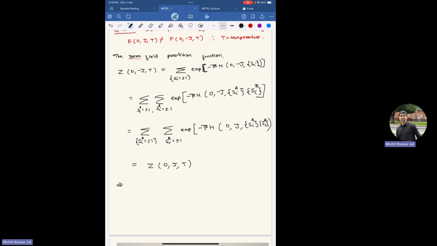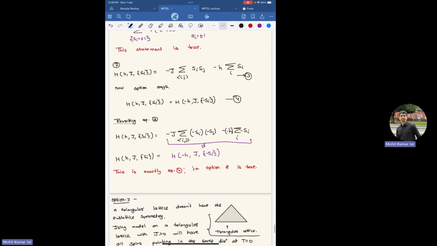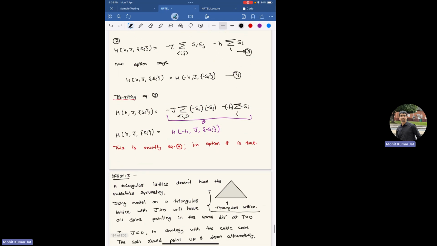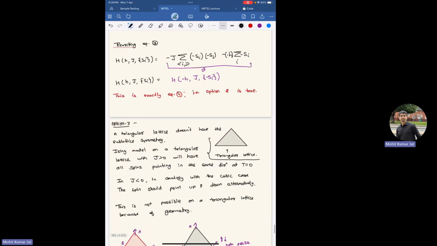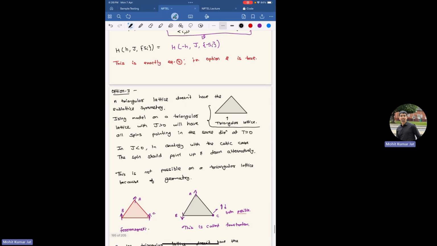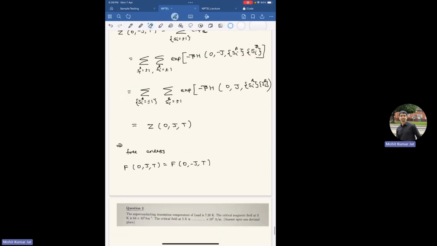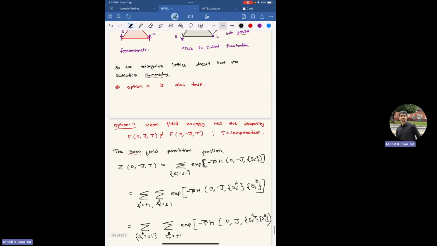So what does it say? That if the partition functions are the same, then the free energy will also be the same: F0(J, T) equals F0(-J, T). Yes, if they are the same, but the option says that they are not the same.